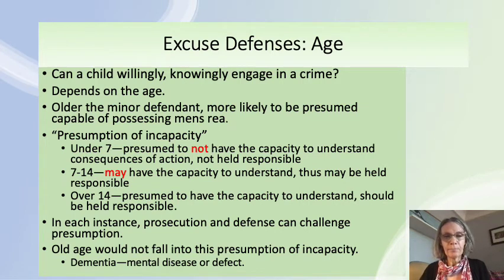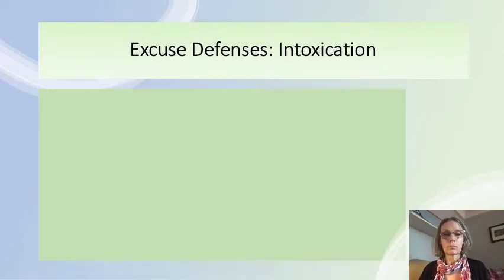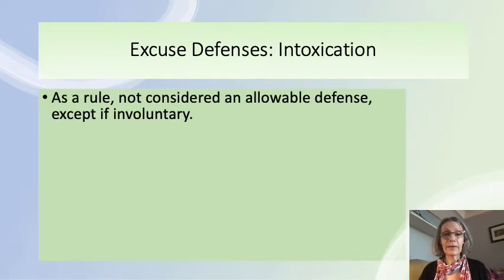People who have dementia oftentimes don't willingly engage in behaviors, and we know that from reading The Brain on Trial. Okay, but I just wanted to clarify that when we're talking about age, we're talking about those who are under the age of 18.